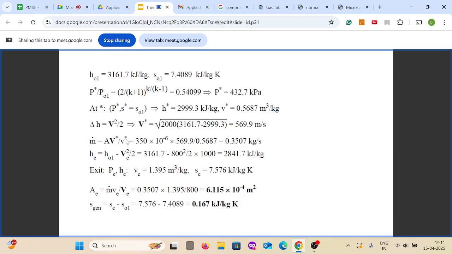So delta H is V square by 2. So V star is root of 2 into delta H, H1 minus H2. So velocity at the throat is 569.9 meters per second. So from this we can find out the mass flow rate. Mass flow rate is area into V divided by specific volume.